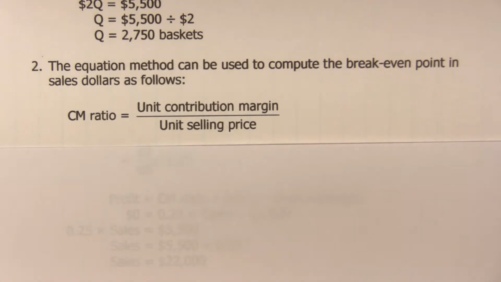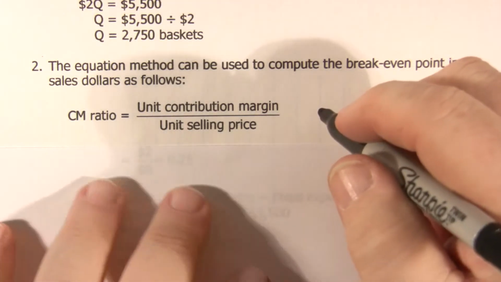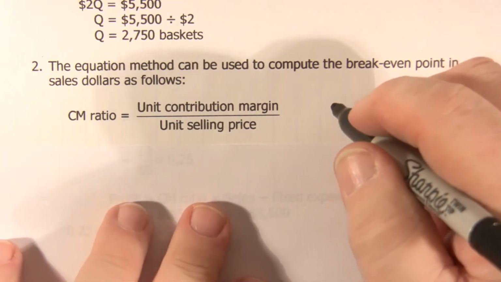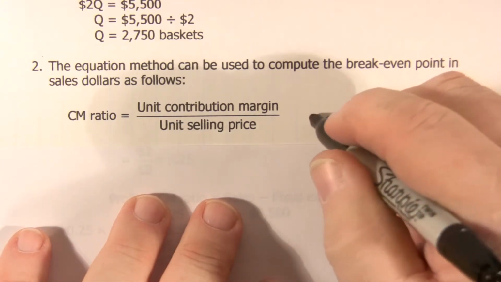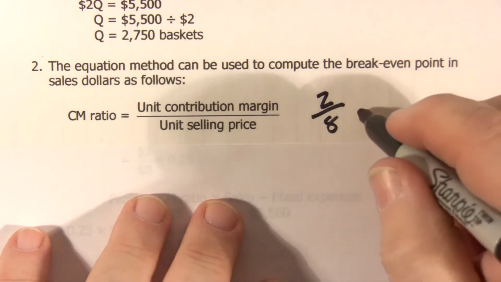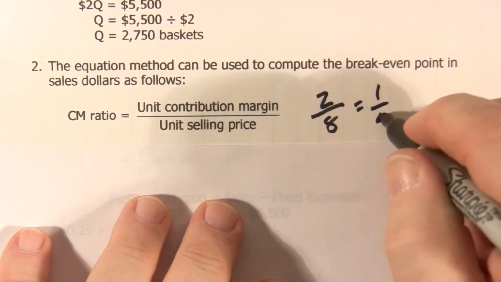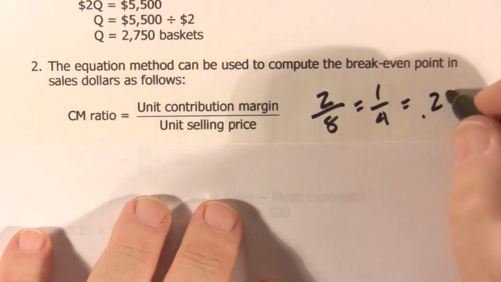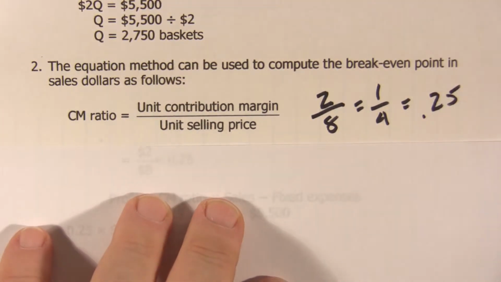The contribution margin ratio for this problem is we sell each unit for $8. Our contribution margin is $2. So our contribution margin ratio is 25%.